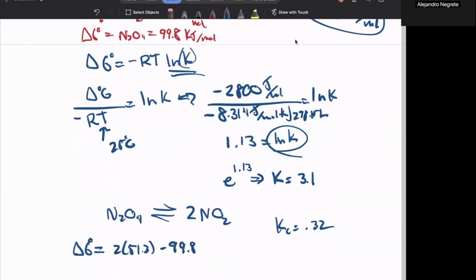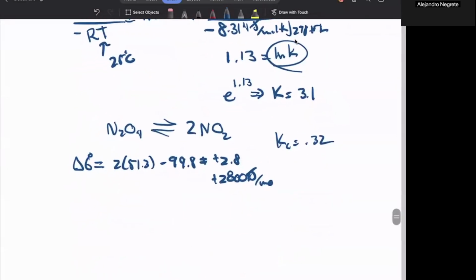That gives us positive 2.8, or positive 2,800 kilojoules per mole.